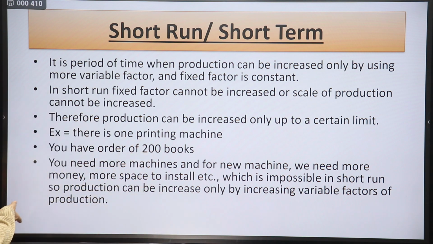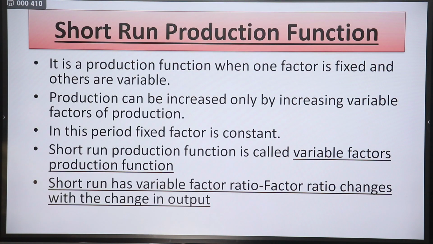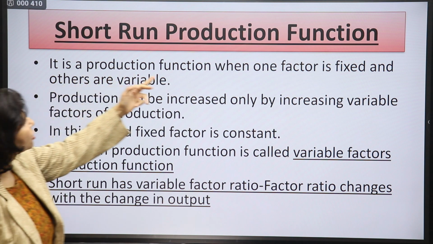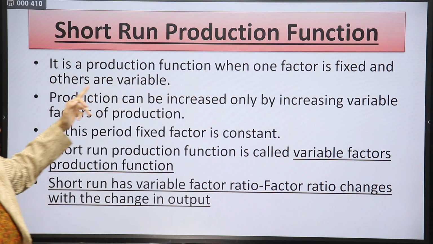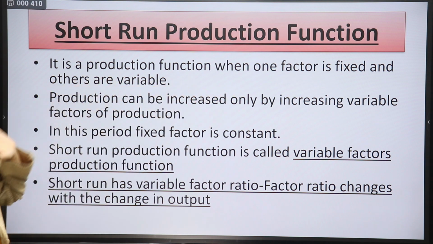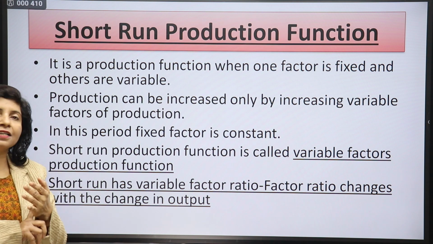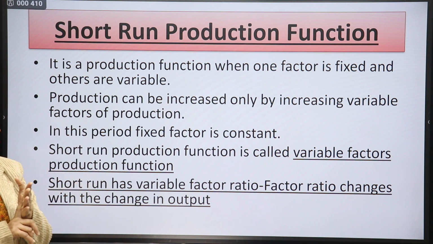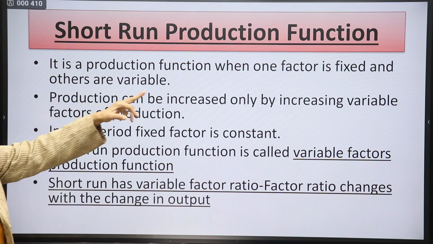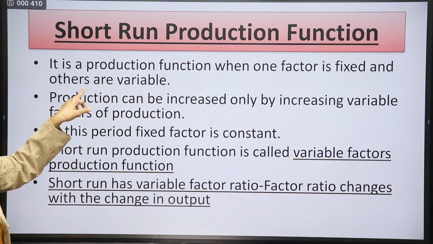Then, short run production function. It is a production function when one factor is fixed and others are variable. In the short run, fixed factors are constant. So one factor is constant, that's why it is fixed, and others are variable.